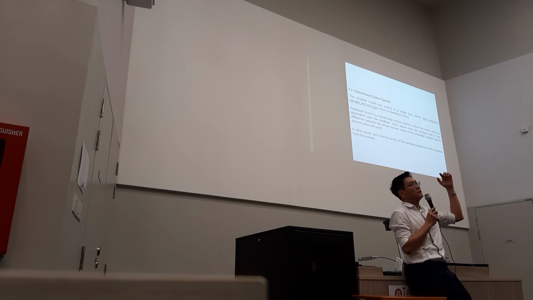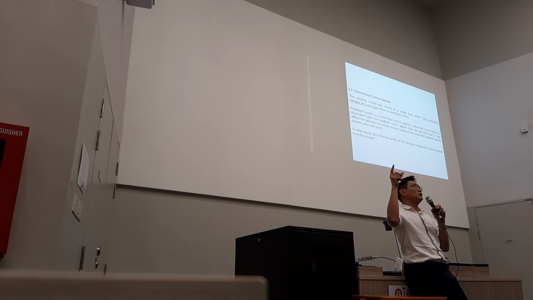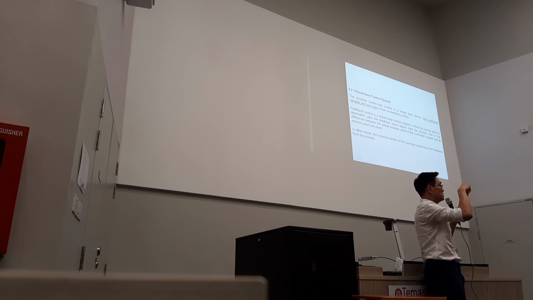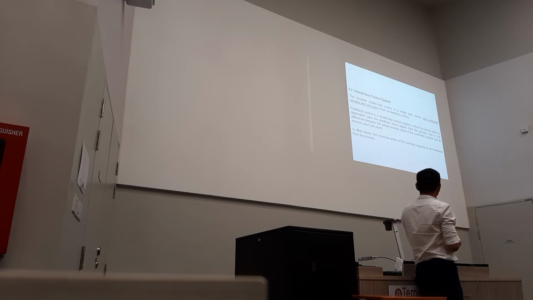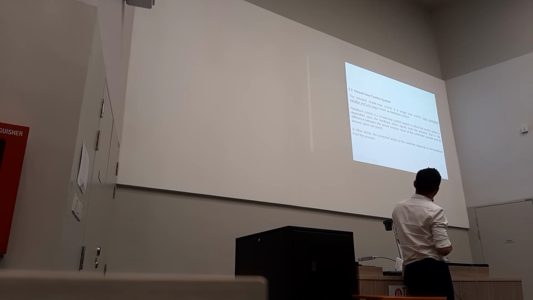If I measure something and then send it to the final controller, it changes other parameters or other variables. It does not affect the original one. We call it open loop or feed forward. Over here we learn feedback. Feedback control is the closed loop control in which the control action depends upon the feedback or the error signal from the process. That is the difference between the actual process value of the control variable and its desired value.